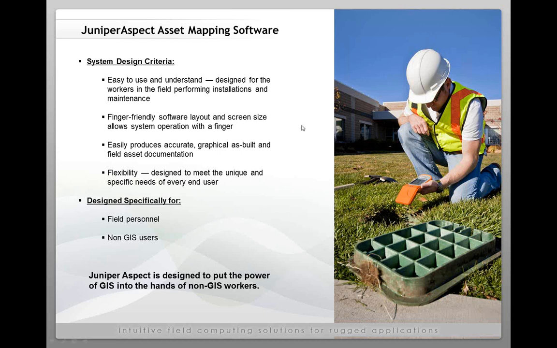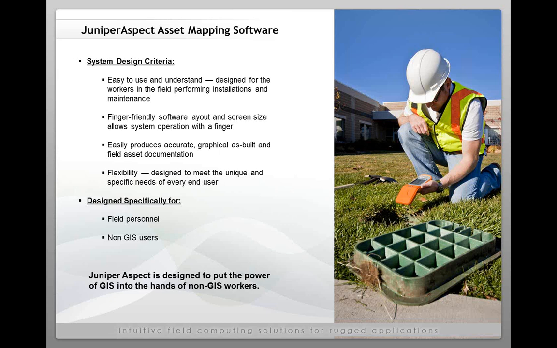So that was the goal, was to make it easy to use, make it finger friendly so that it was readable, it was usable in the field, and make it flexible. The flexibility aspect of it is something that we wanted to maintain, simply because nobody does anything the same. Everybody has different things that they want to record or assets that they want to document.